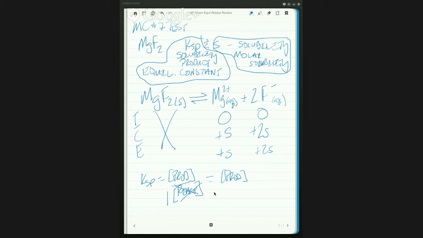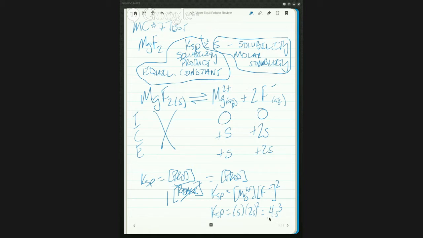We then would have KSP equal to the concentration of Mg2+ times the concentration of F minus squared. And we already said what that is going to be. So KSP is equal to S times 2S squared, which is equal to 4S cubed.